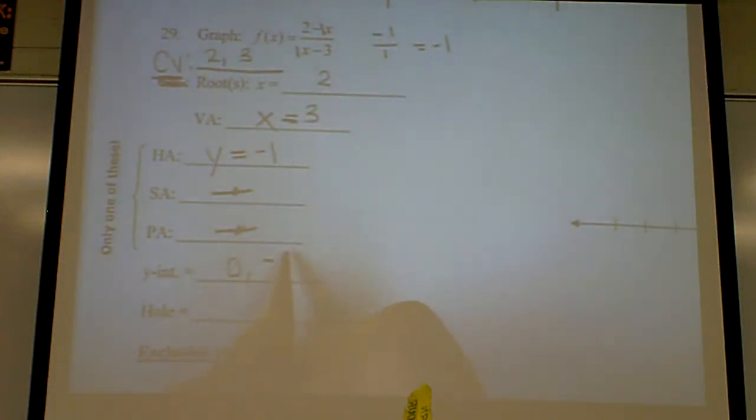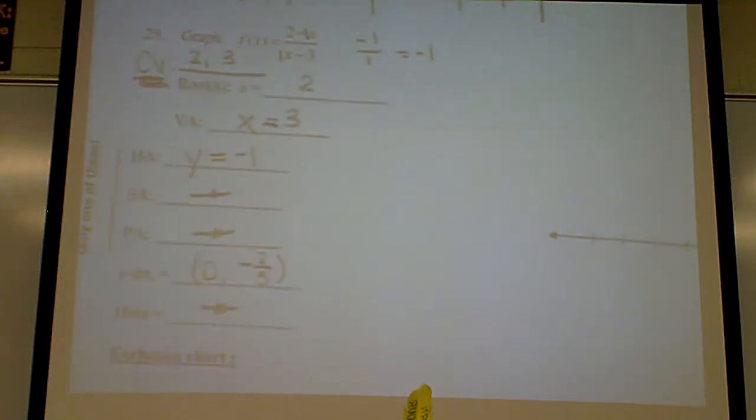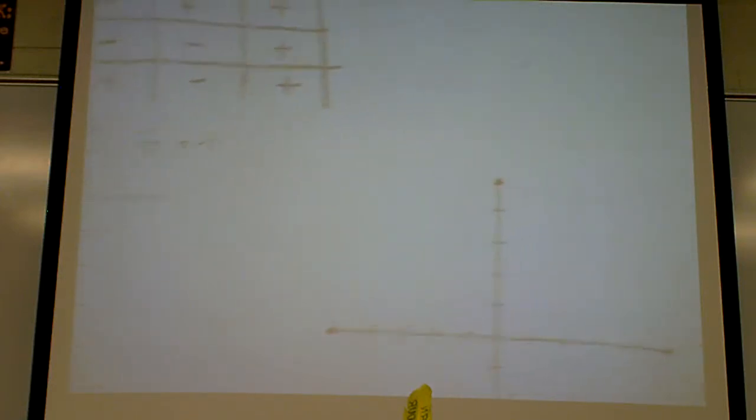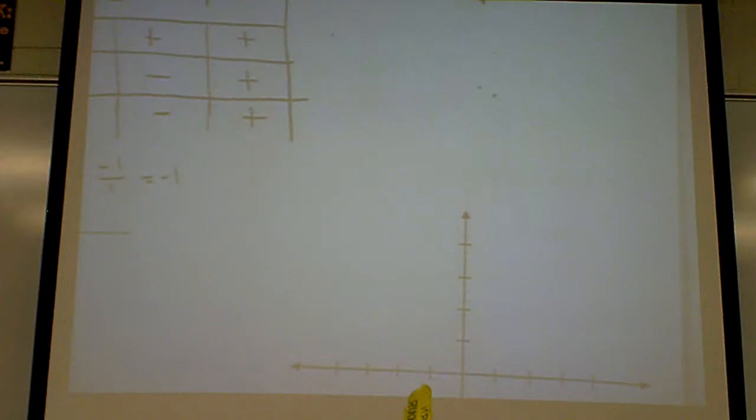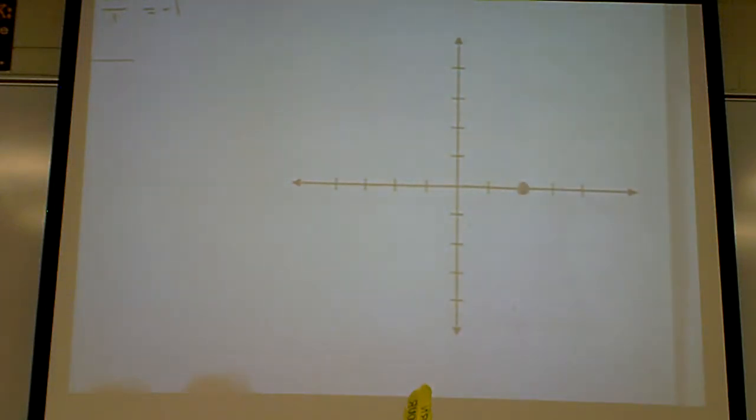Yes, 0, negative 2/3. And are there any holes? No. So let's plot what we know so far. We have a root at x equals 2. And asymptotes at x equals 3. And y equals negative 1.